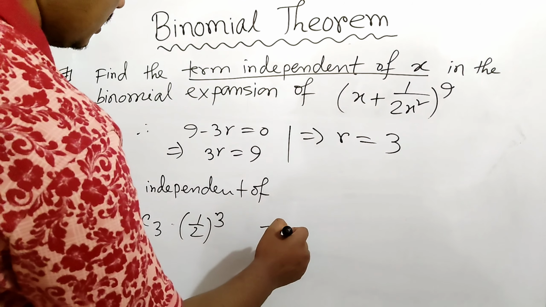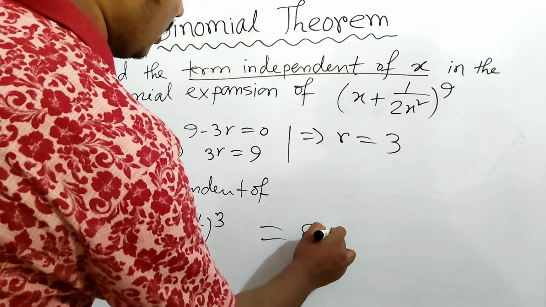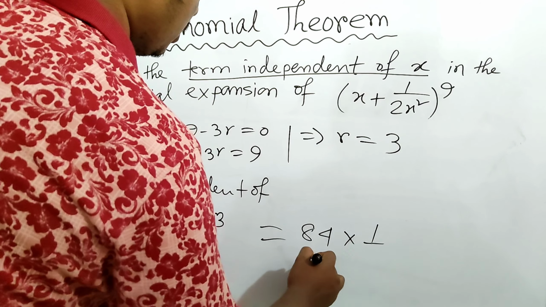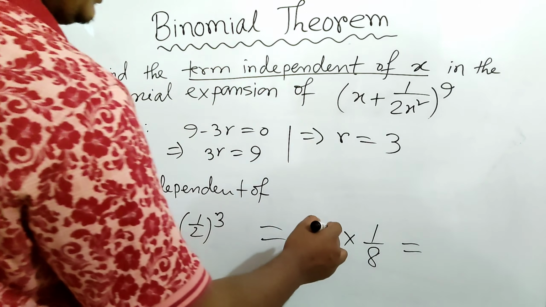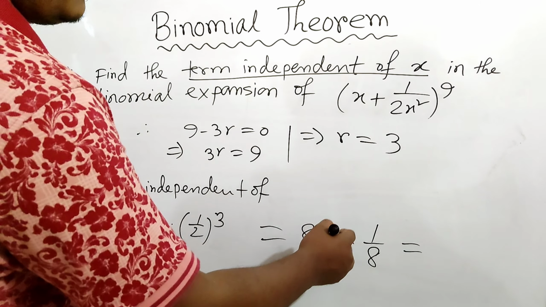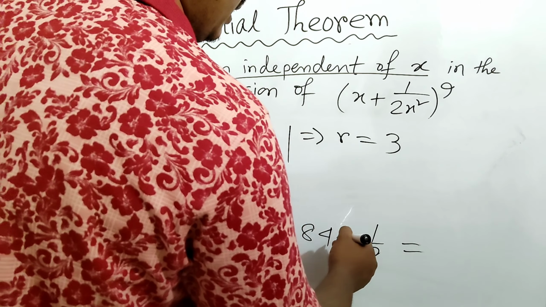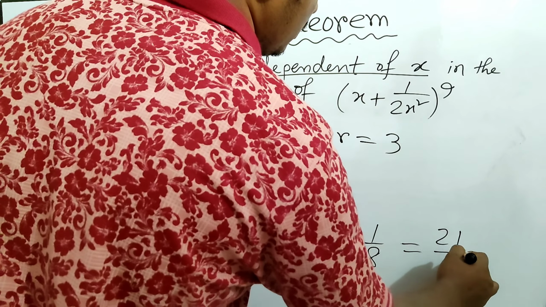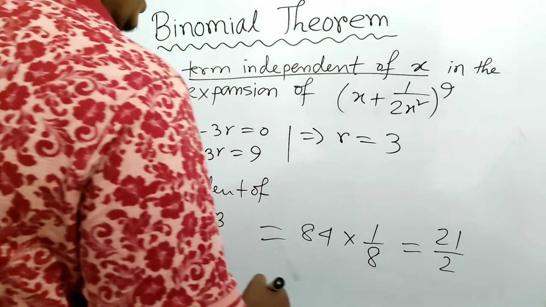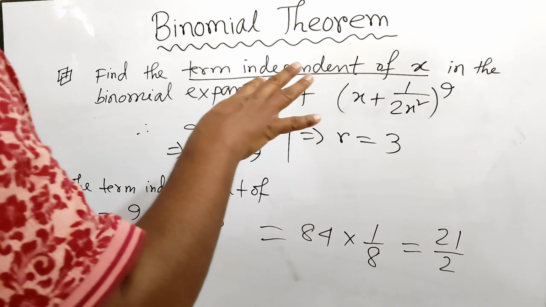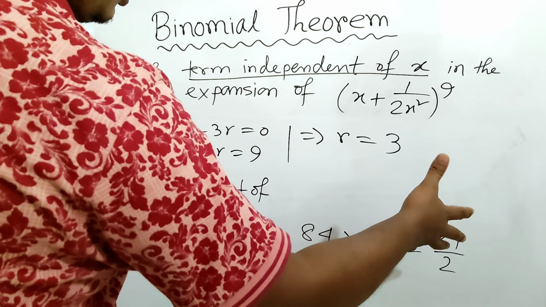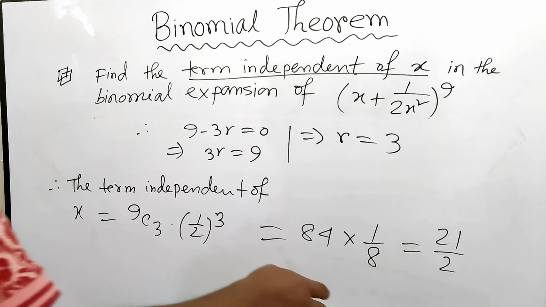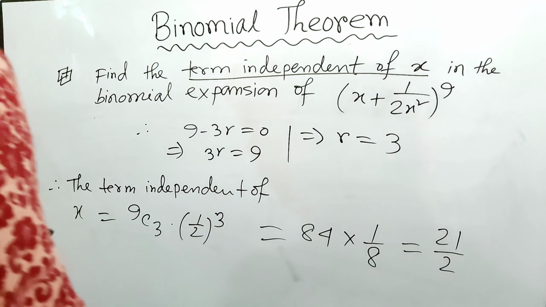Here 9C3 should be 84 multiplied by 1 over 2 cube, that is 1 over 8. If you do the calculation by dividing by 4, then it should be 21 over 2. So this is the term independent of x here, where there is no x, that should be 21 over 2.